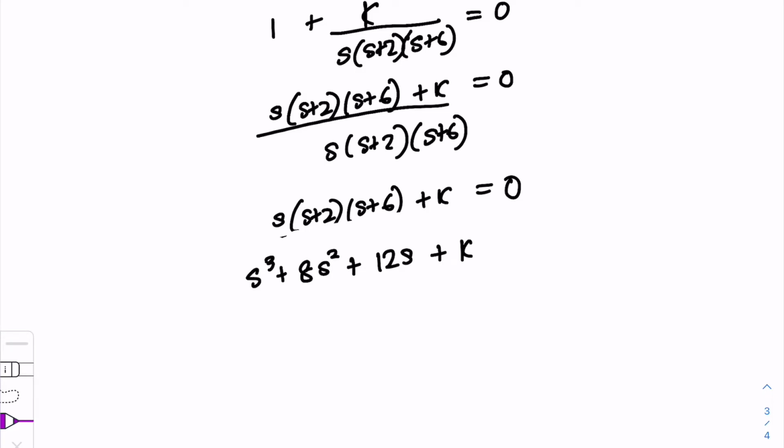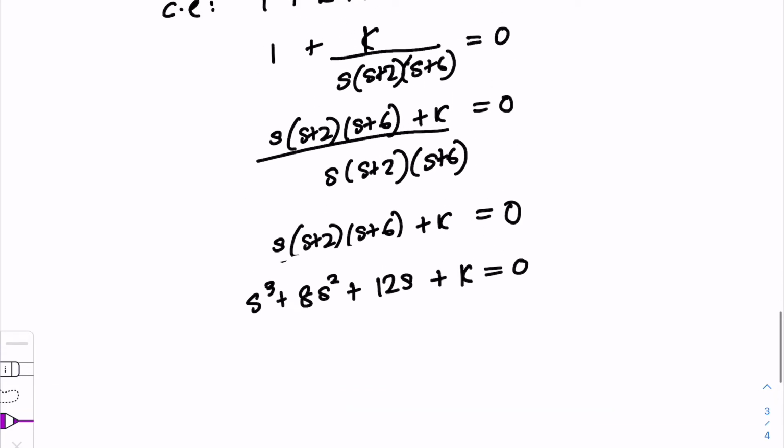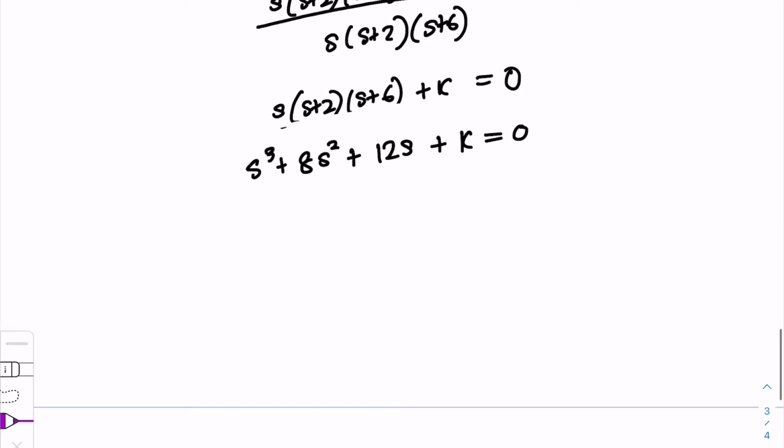For example, if I have 12s plus Ks, I will collect the 12s and Ks together. In this case, just K, no need to collect together. So for the Routh array, I'm going to start with s cubed, then s squared, then s, and s to the power of 0.